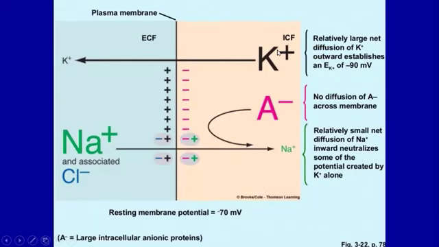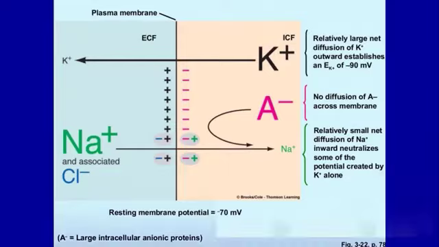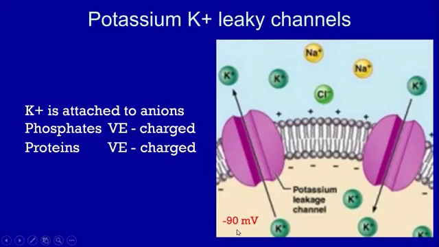This is because when the potassium leaves the intracellular fluid, it leaves behind negatively charged ions, and these negatively charged ions are phosphate and protein. These proteins and phosphates are large and cannot pass through these leaky channels, so they are left behind and potassium leaves the cell. Due to these negatively charged ions, the inside of the cell becomes negative. Through the potassium leaky channel, the negativity is brought up to minus 90 millivolt.